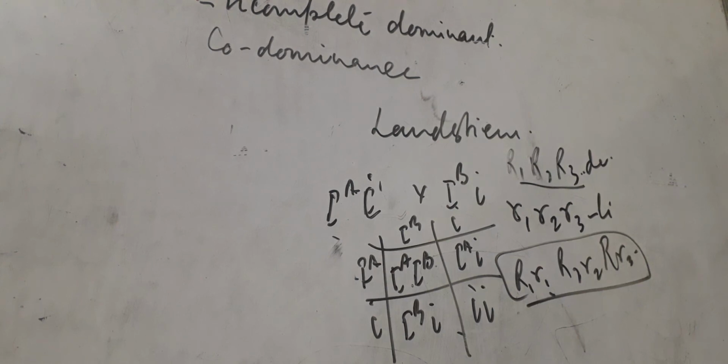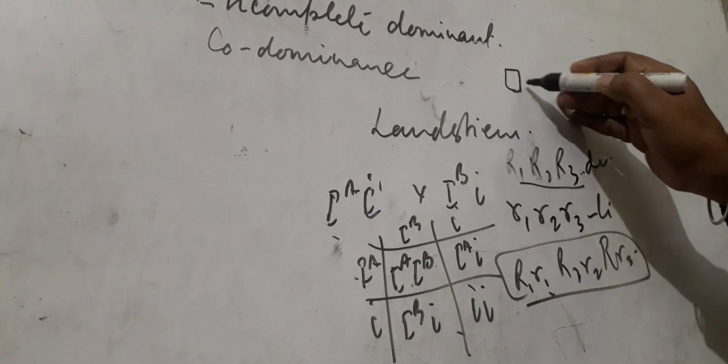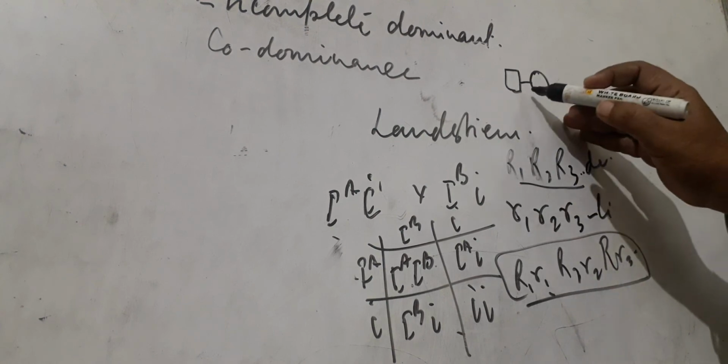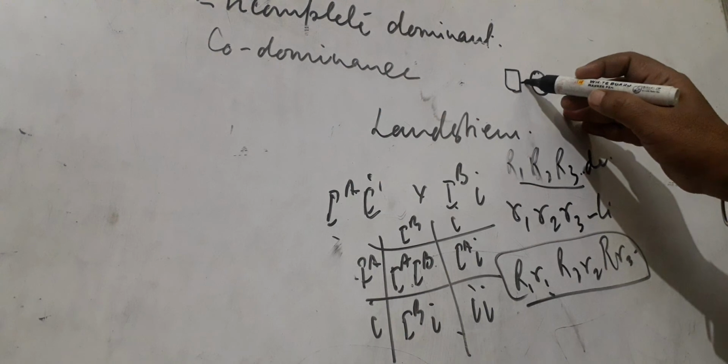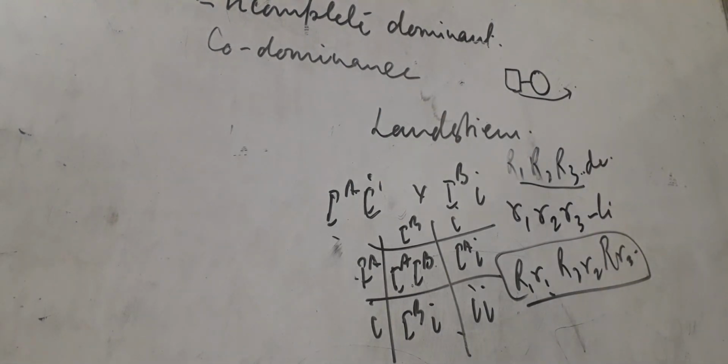Next is pedigree analysis. Pedigree analysis means when we show the crossing by symbols. In pedigree analysis, male is shown by a square and female by a circle, and this is known as a couple. Clear?